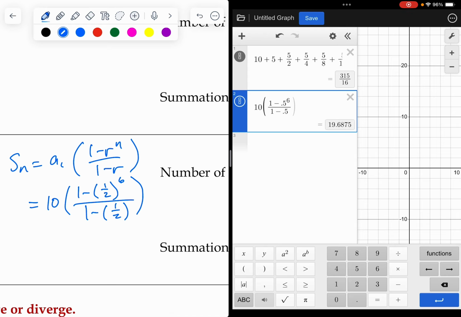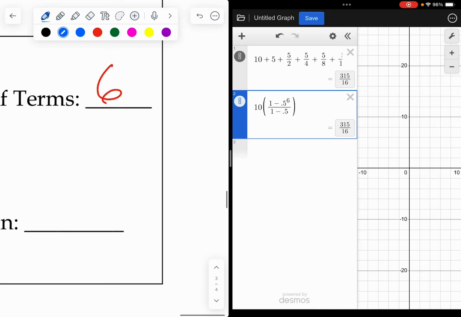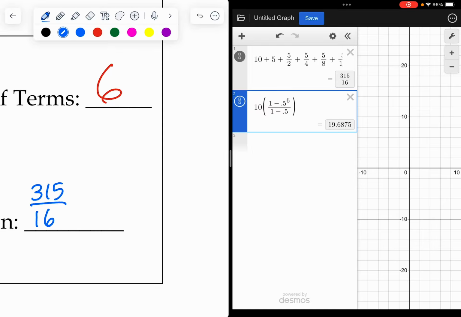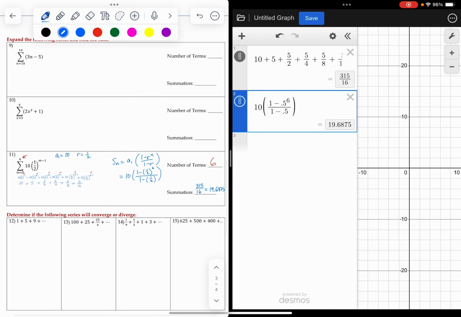Okay, and do those numbers match? They sure do. So this is, I really like that fraction, which is 315 over 16, which is also equal to 19.6875. And we found it both ways, which was kind of cool. Okay, let's see.